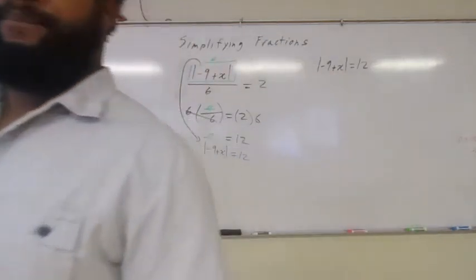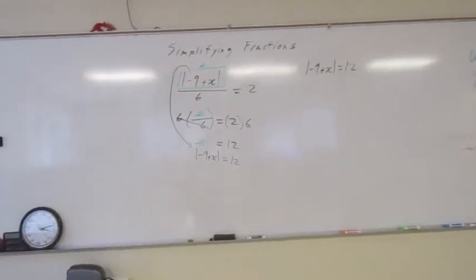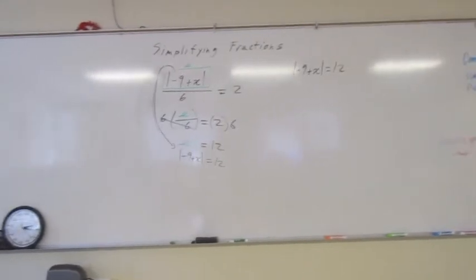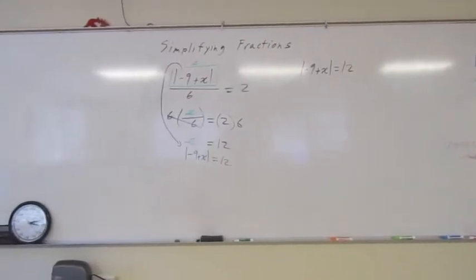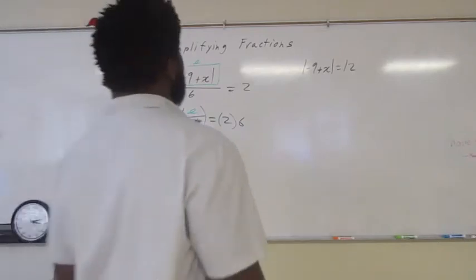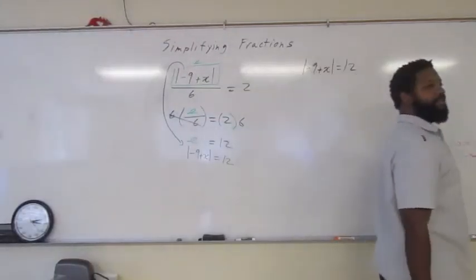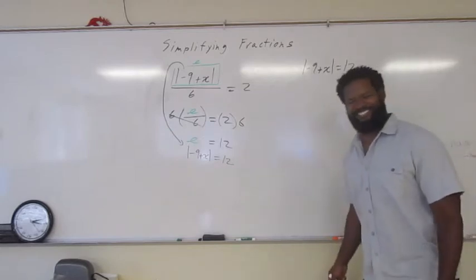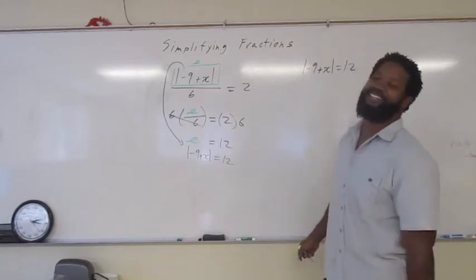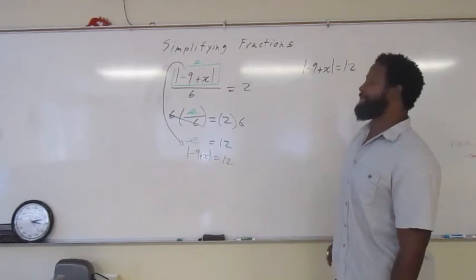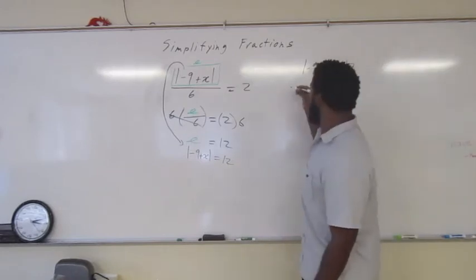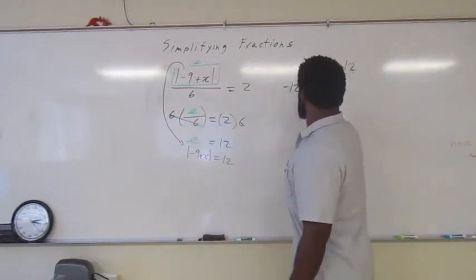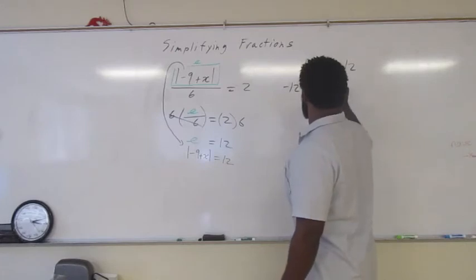What are we going to do to get rid of that absolute value? You're going to put a -12 and then equals -9 plus x, which equals 12.